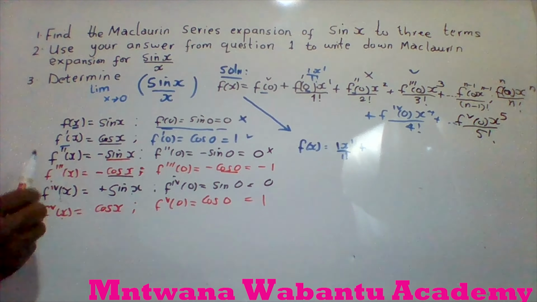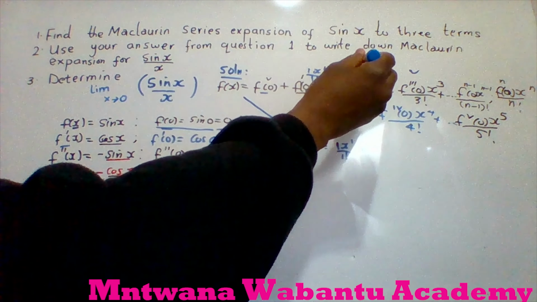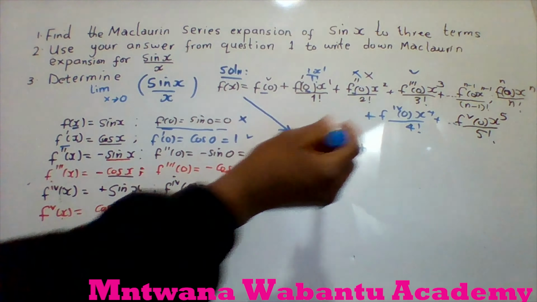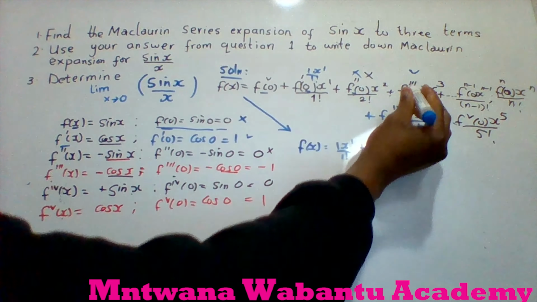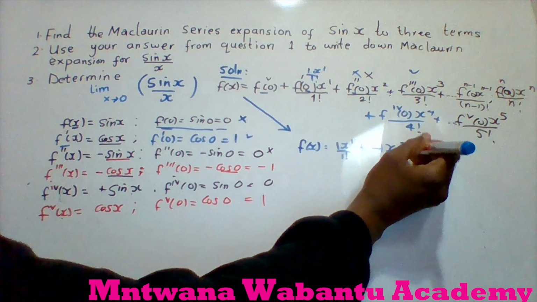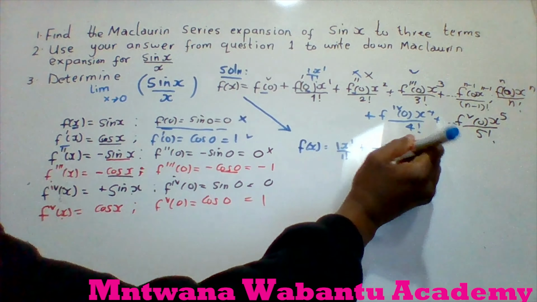Now f power 2 prime equal to 0, so no term. F of third prime equal to negative 1. So this is going to give us negative 1. Positive 1 times negative 1 equal to negative, excuse me, positive and negative is going to give us negative. And then negative 1 times x power 3 over 3 factorial.